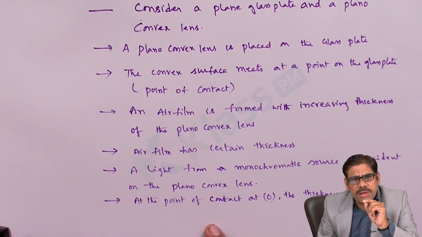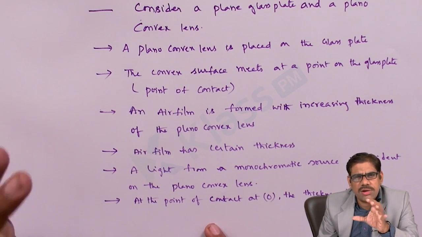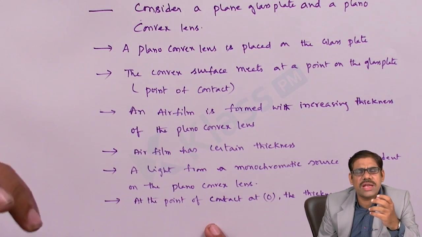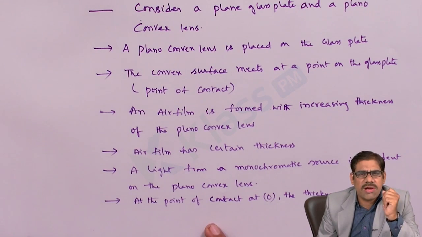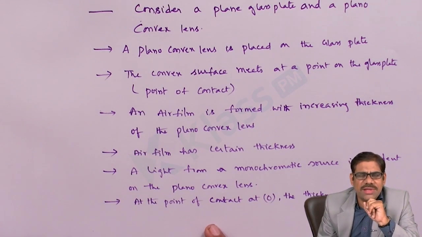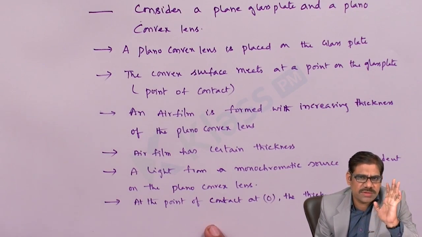Because of those two rays, it undergoes interference, and Newton's rings are formed concentric with respect to the point of contact, and those rings are called Newton's rings.